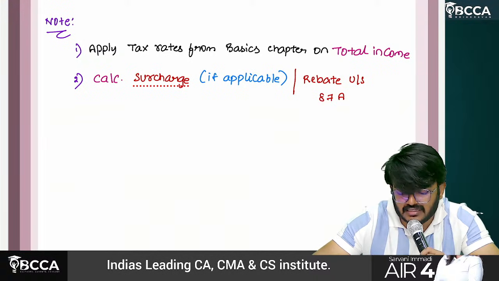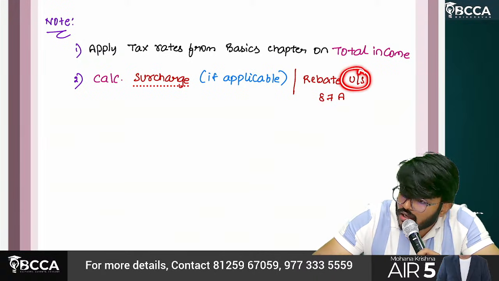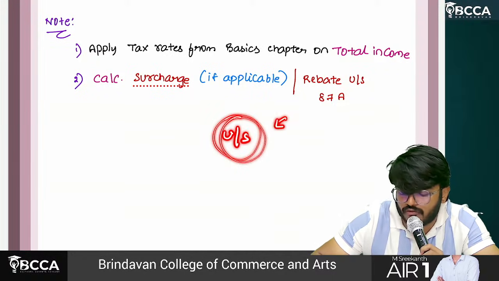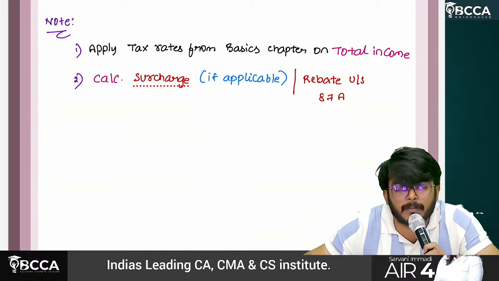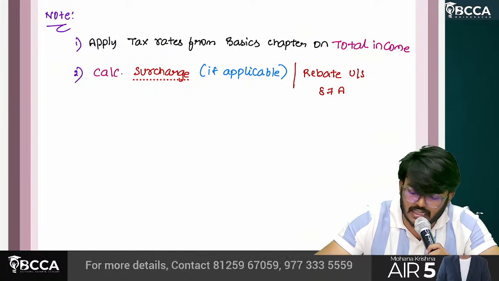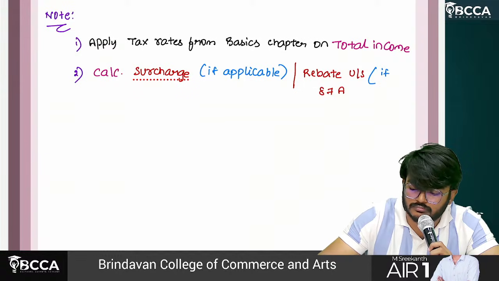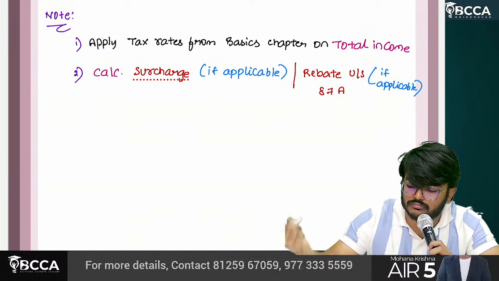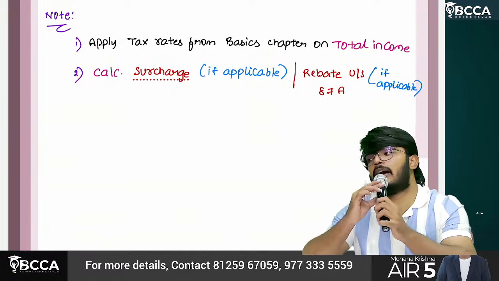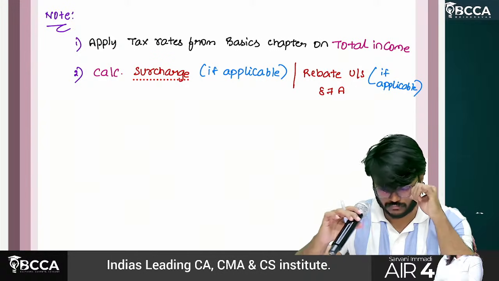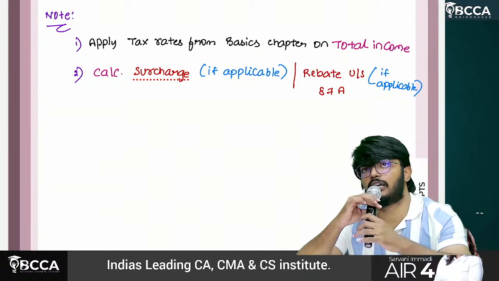Rebate, see, this is shortcut of under section. I will write it like this. So rebate under section 87A in brackets if applicable. This is your second note point which you have to remember.